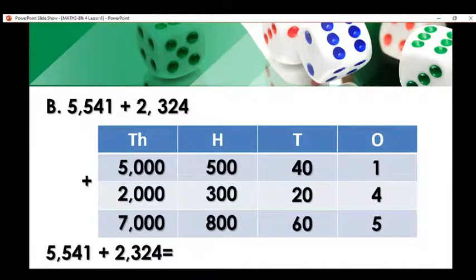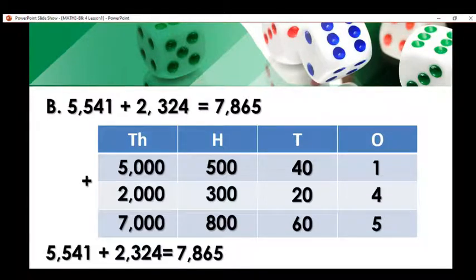So we got 7,000 plus 800 plus 60 plus 5. The final answer would be 7,865. Did you get the correct answer? I guess it's yes. Very good.